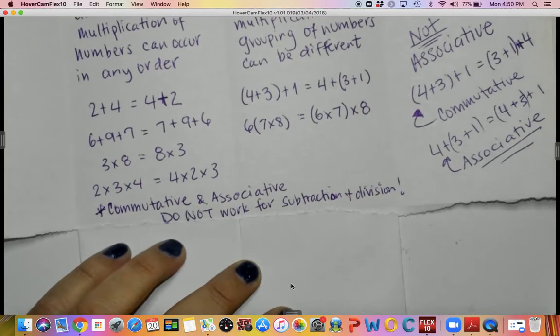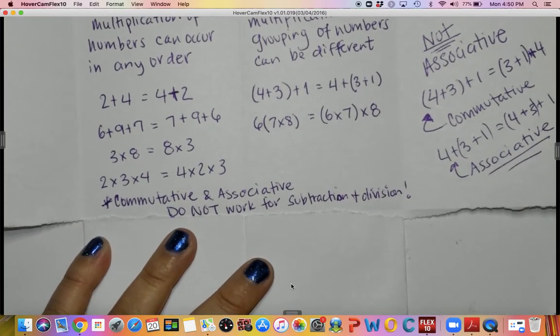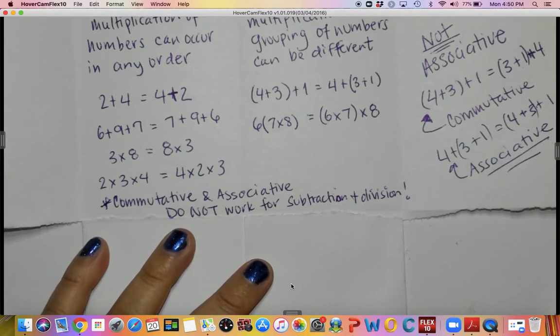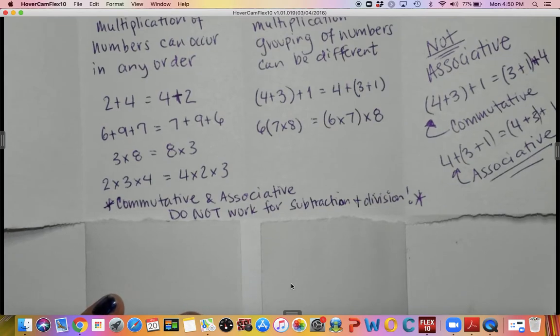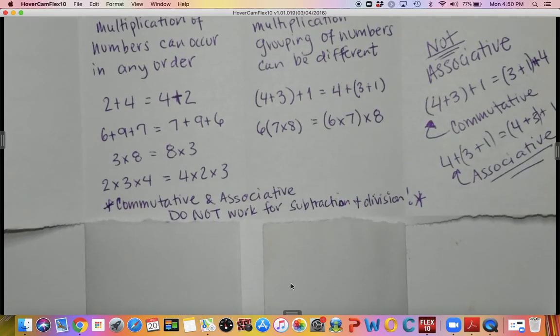They do not work. If you come across subtraction and division, you cannot do commutative or associative property. I can give you an example on another piece of paper of why. Let me grab a sticky note.